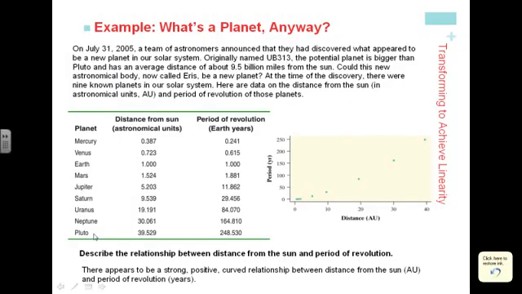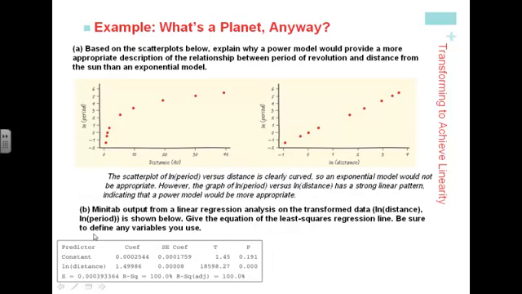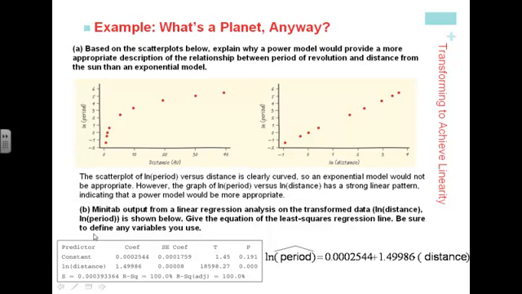Okay. So there's what they did. Here's where they tried to do exponential, it didn't work. Here's where they did the natural log of both sides, and it turned out linear. And here are those two values down here that we got on our calculator.